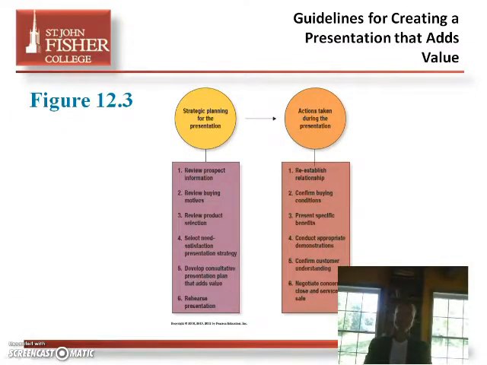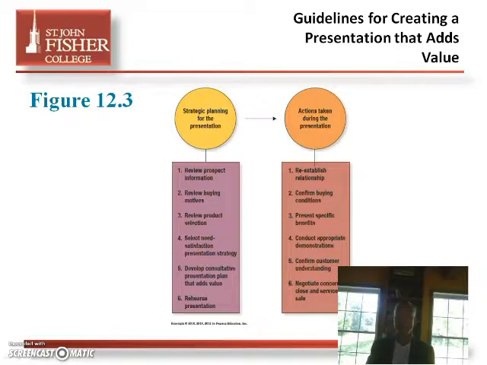So figure 12.3 is all about guidelines for creating a presentation that adds value. On the left-hand side, and I'm not going to read it to you, you can read it yourself, there is the strategic planning for the presentation. Really, a lot of work goes into the presentation before the presentation is ever delivered or even written.